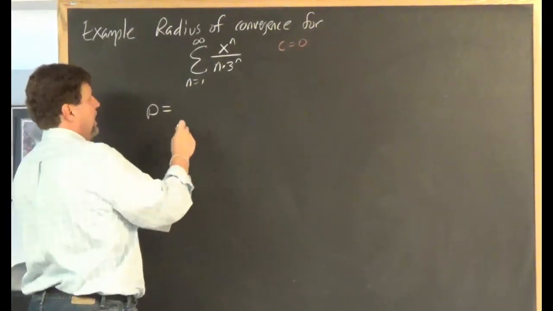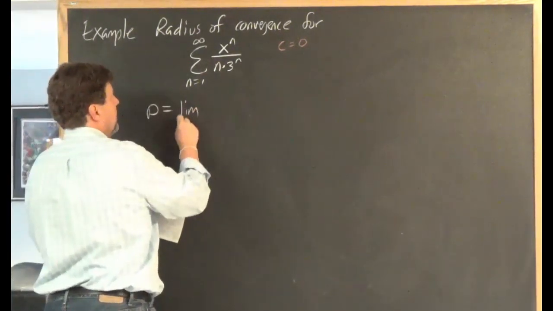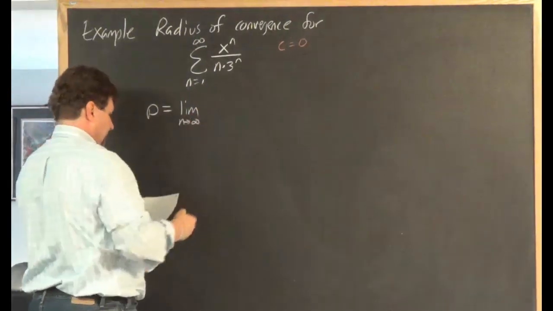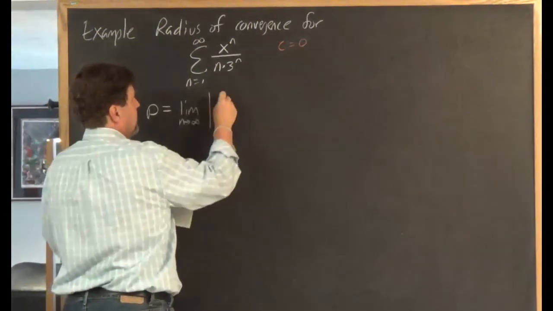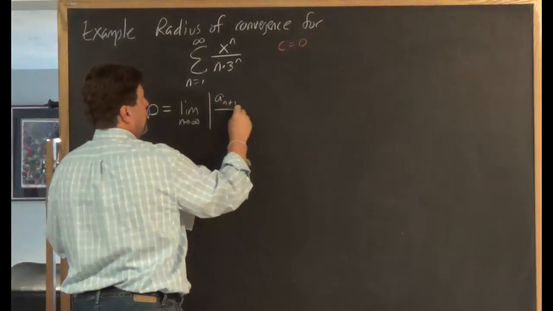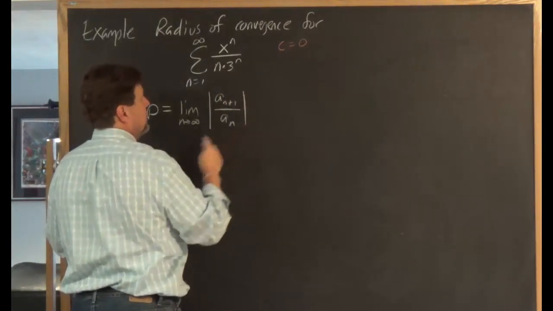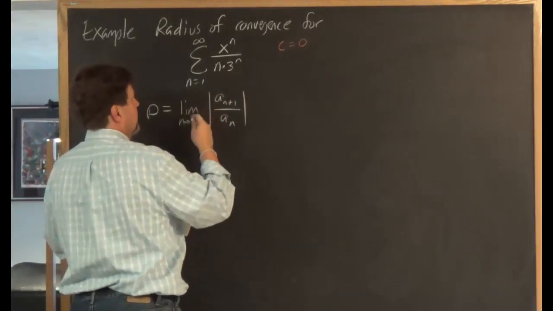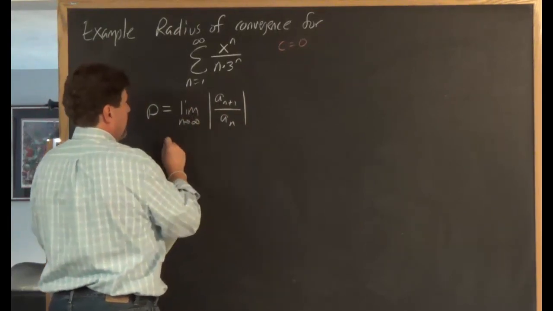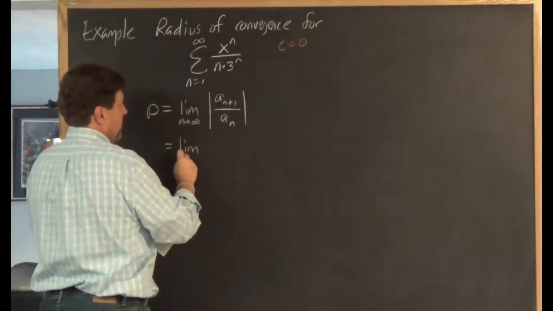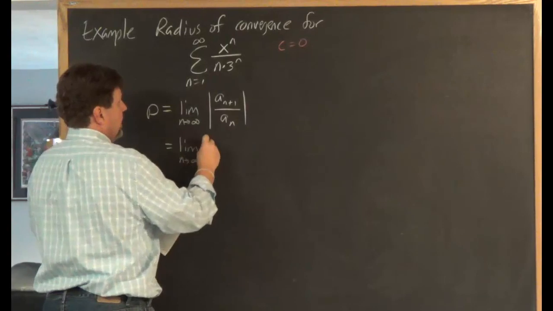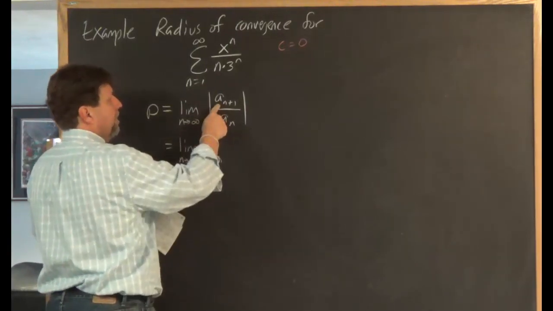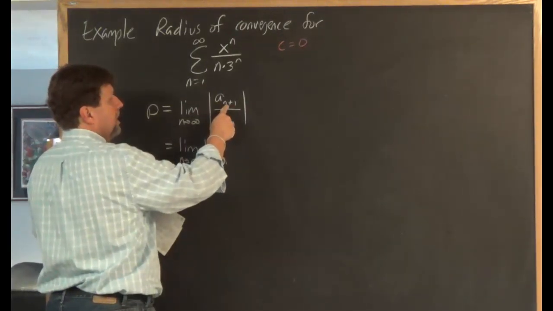P, we define P to be the limit as n goes to infinity of the absolute value of a sub n plus 1 over a sub n. And so for this one, that gives us the limit as n goes to infinity, absolute value, all right, a sub n plus 1.